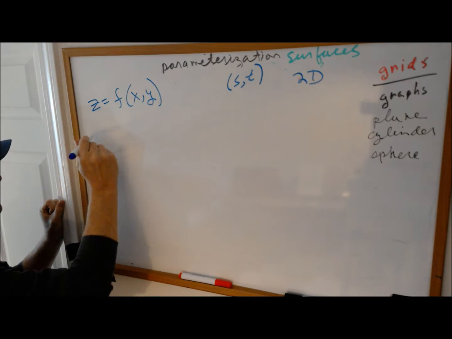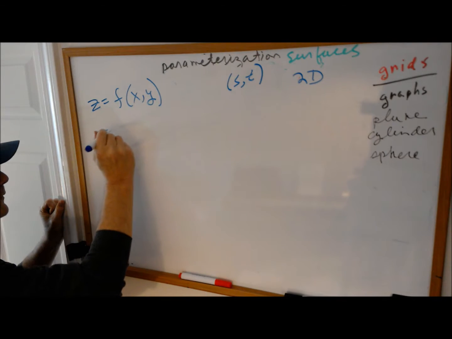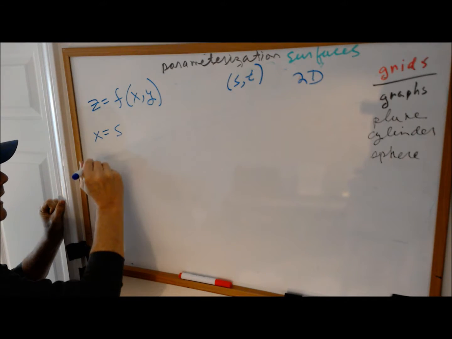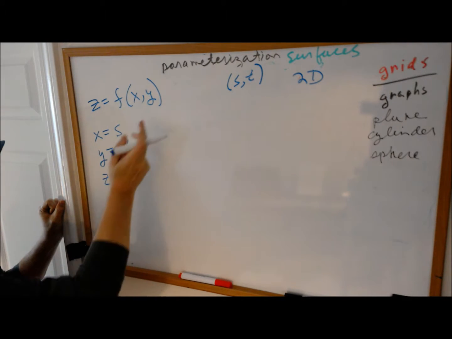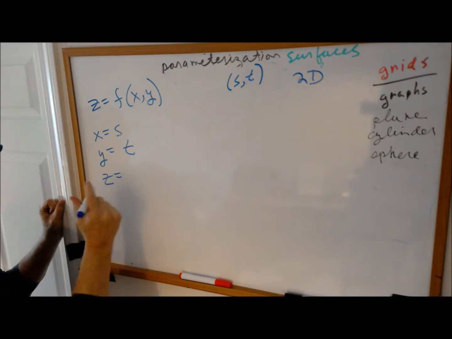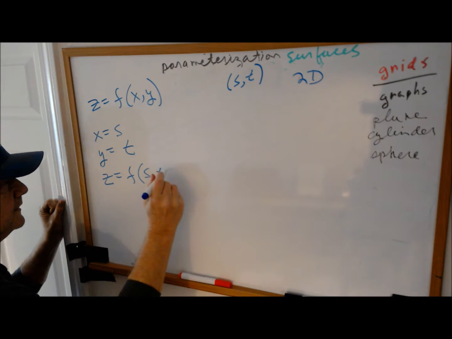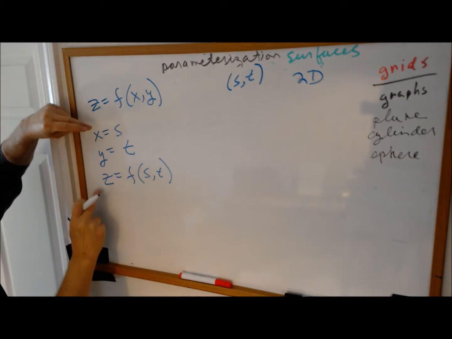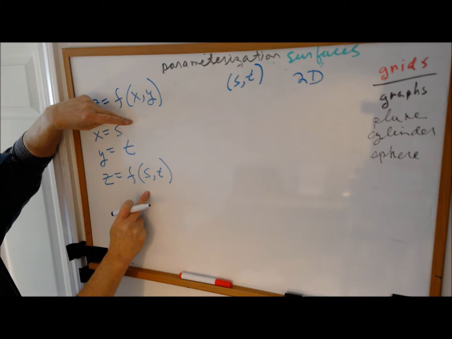Well, we can very simply just say, let x equal s, and y equal t, and z. Well, if we know x and y, we know s and t, so z has to be f of s and t. So we've gone from 3 variables to a world of 2 variables, and we're done.